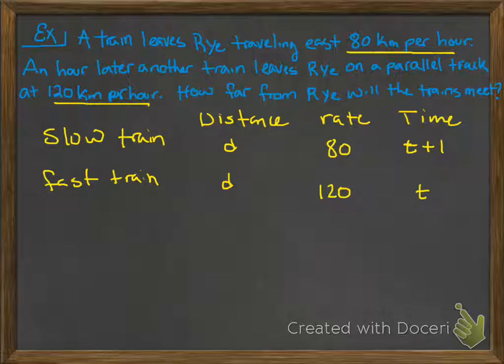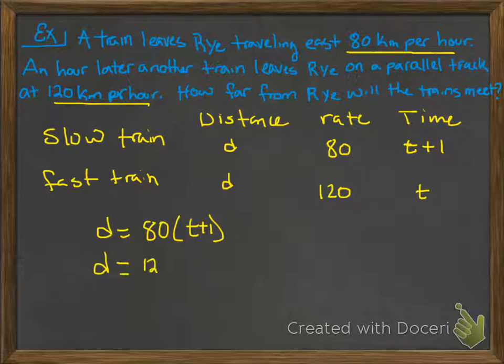My slow train equation is d = 80(t + 1), and my fast train is d = 120t. Now notice that they're both equal to d, so I can set the two equations equal to each other. Just as we have been doing, I'm going to plug in this piece right here for my d, because that's what d is equal to.